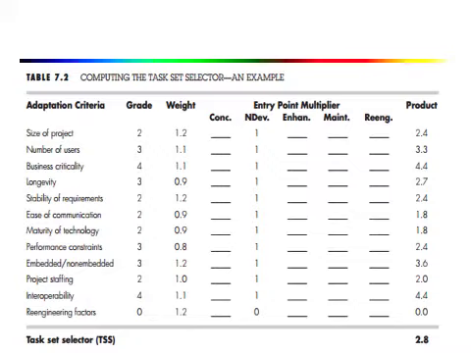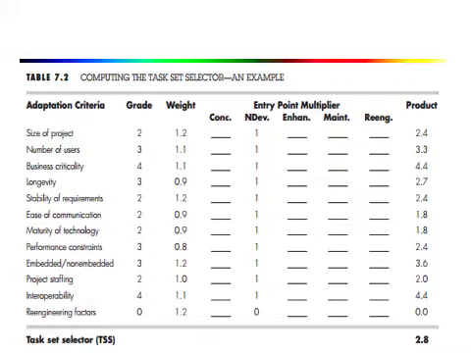So these three values are taken, that is grade, weight, and the NDEF column, and the entry in the product column is computed from this, that is grade into weight into the entry in the entry point multiplier column.